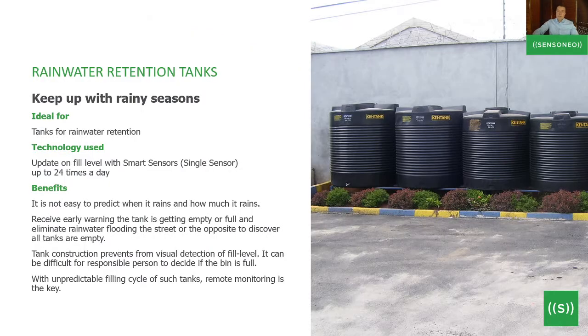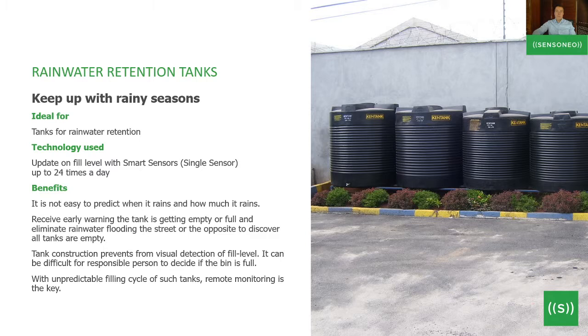The second one is also related to collection of water, but it's the opposite one. The first thing is why we monitor the level of water in rainwater retention tanks. You can imagine this application collects water from different roofs or from big roofing areas to prevent it accumulating on the pathway or flooding the road, and also, in drier countries, to collect the rainwater and then use it for watering plants or different kinds of purposes.